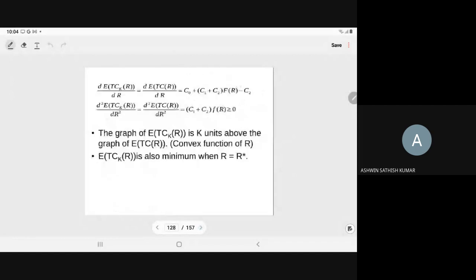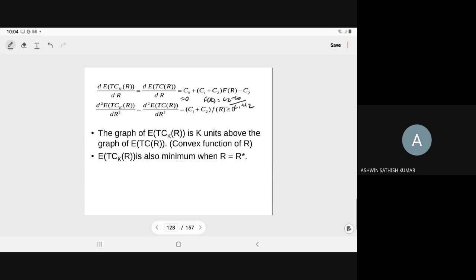The first derivative gives the condition F(R) equal to (C2 minus C0) upon (C1 plus C2), and the second derivative is (C1 plus C2) times f(R). In the previous class I told you C1 plus C2 is always positive, even if C1 is negative, since C1 is the salvage cost, which is always less than C0, and C2 is always greater than C0.